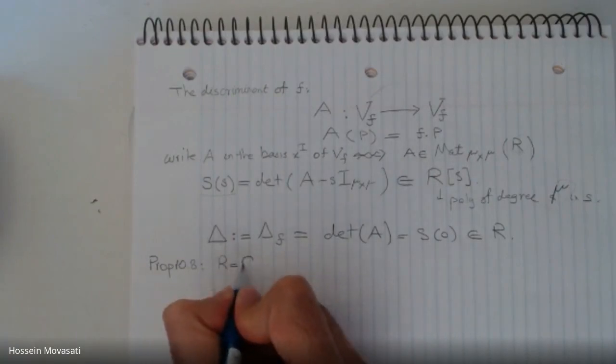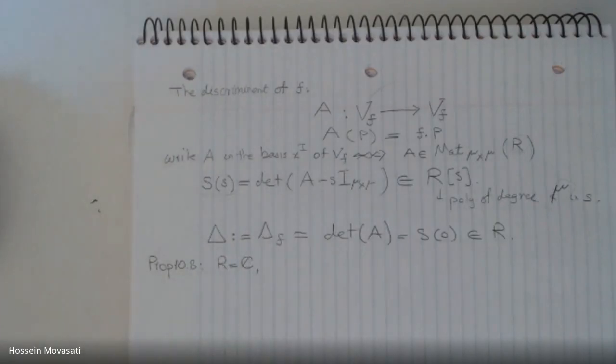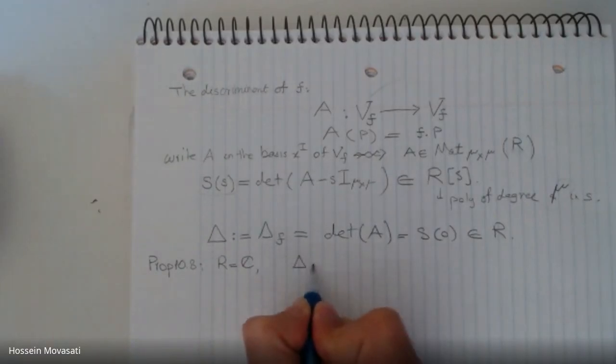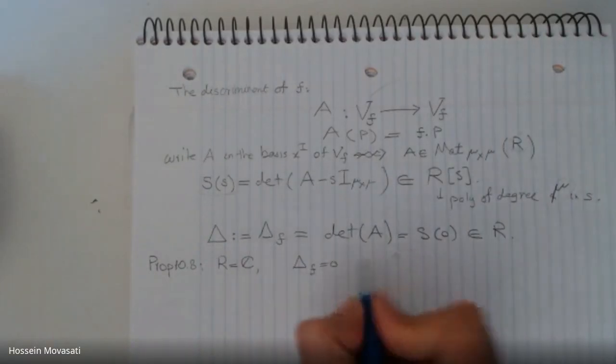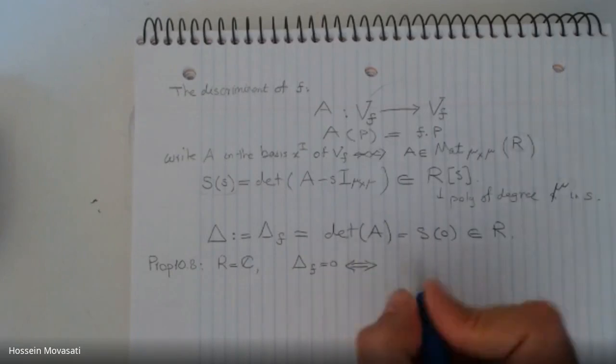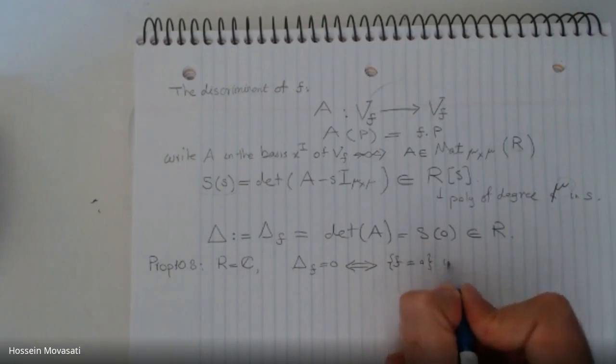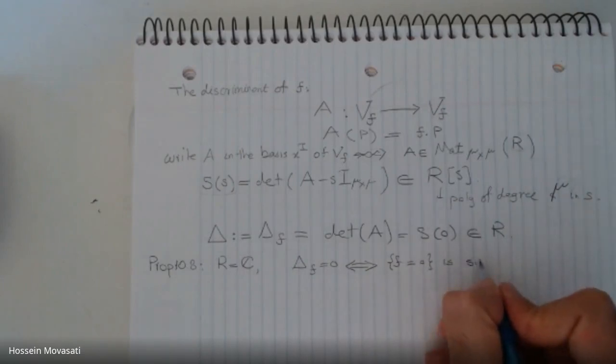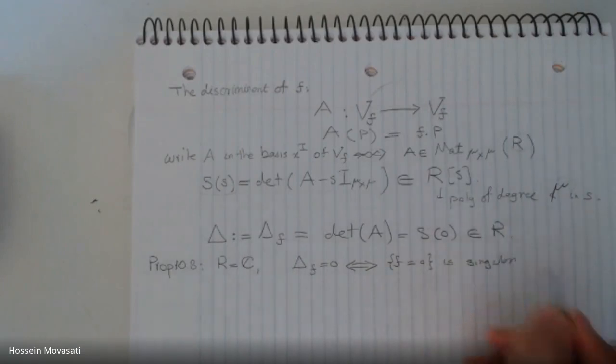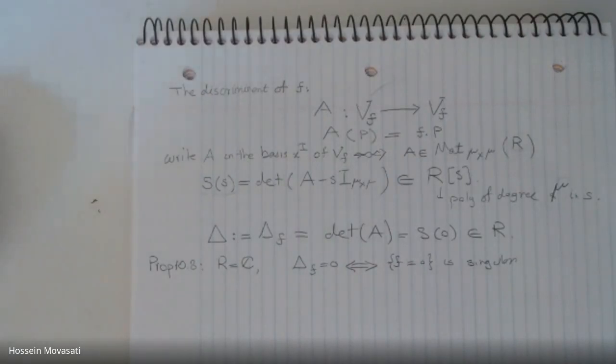Let's go to the complex numbers. Then delta f equal to 0 if and only if f equal to 0 is singular. So in some sense, delta f not equal to 0 parameterizes smooth f equal to 0.